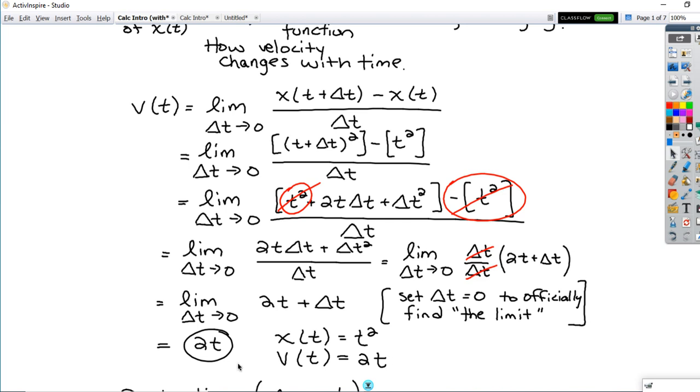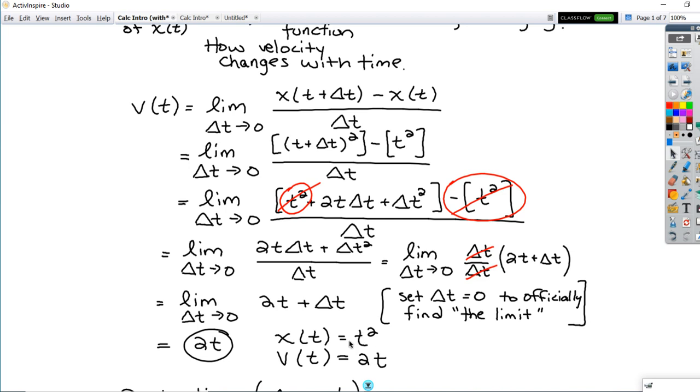So what this allows us to do is find the velocity or the slope at any moment in time of the position time function. So if I ask what is the slope of t squared at t equals 1, well, I plug in 1 for t here. 2 times 1 is 2. The slope is 2.